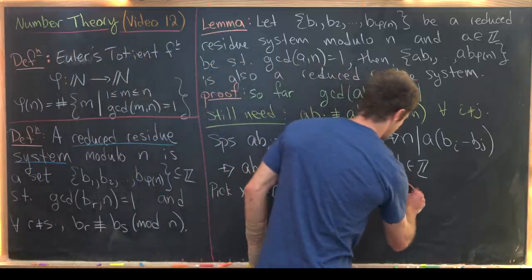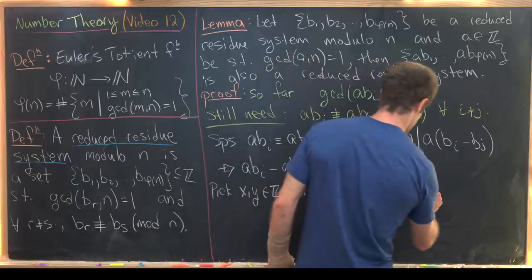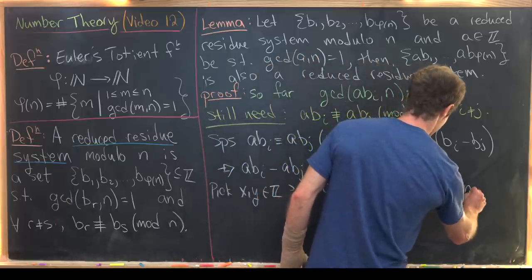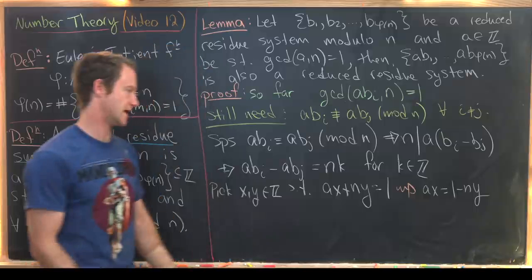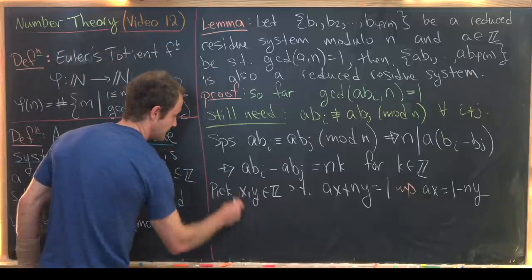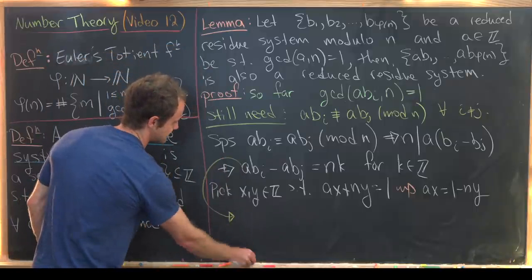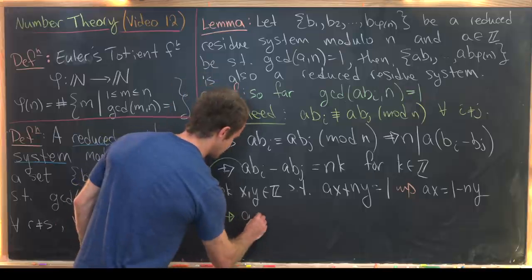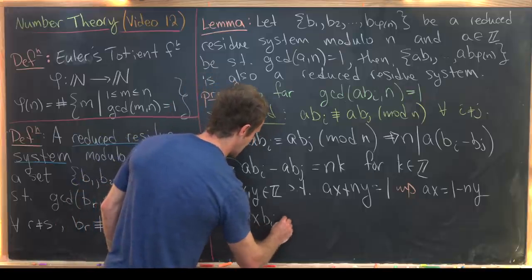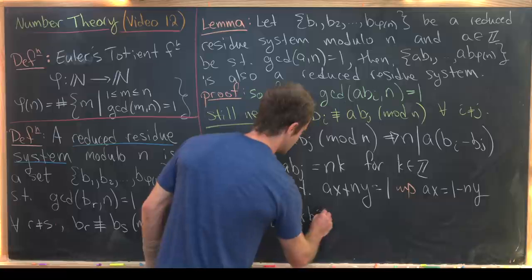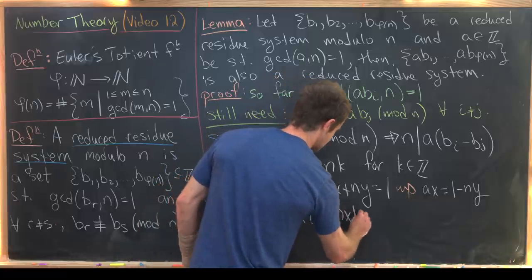So first of all, we'll solve this, leaving us with ax is equal to 1 minus n times y. And then simultaneously, we'll multiply this equation by x, leaving us with ax bi minus ax bj is equal to nxk.